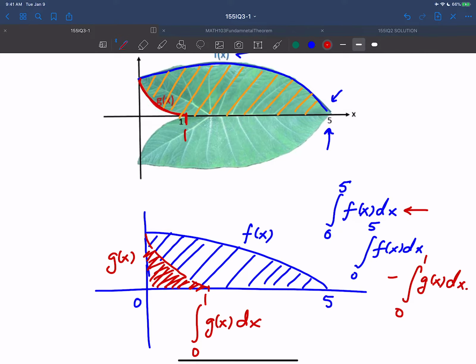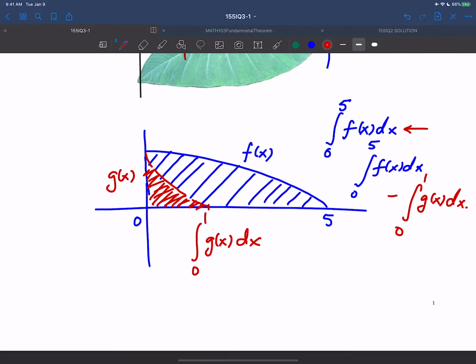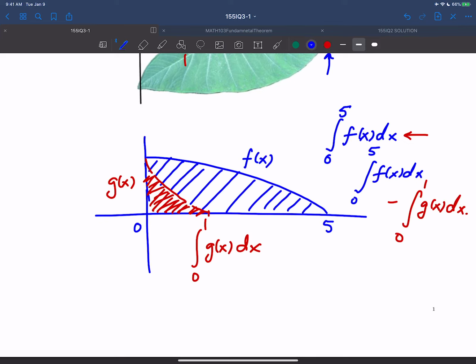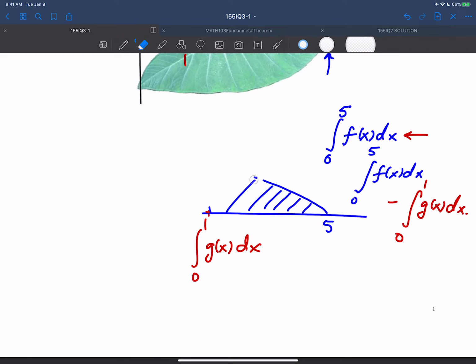The simpler way to break down this problem is, if you're not trying to look at it this way, you can break it up into different portions. Let me redraw this a bit so you can figure it out that way.